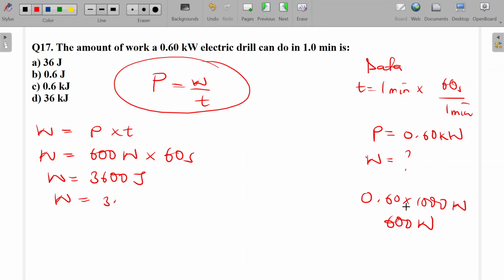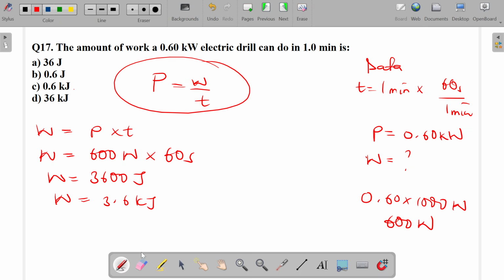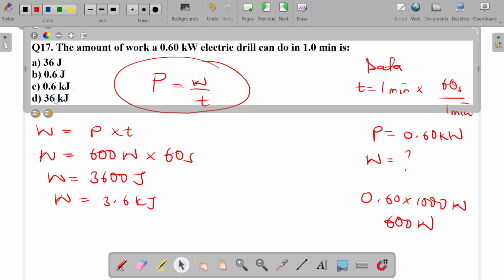Let me check this question, it may just be an error. So the answer is 36,000 joules.